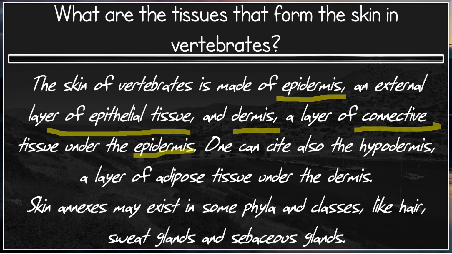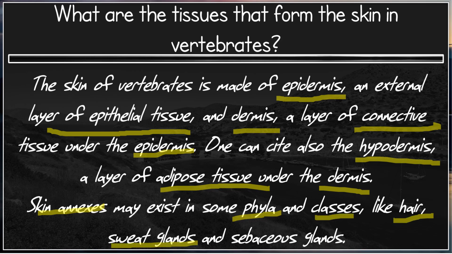One can also add the hypodermis, a layer of adipose tissue, under the dermis. Skin annexes may exist in some phyla and classes, like hair, secretory glands, and sebaceous glands.